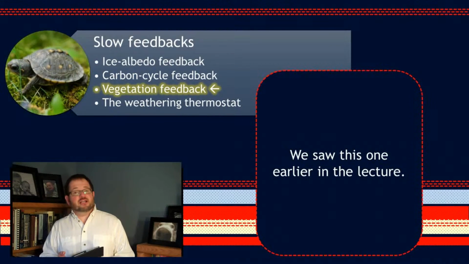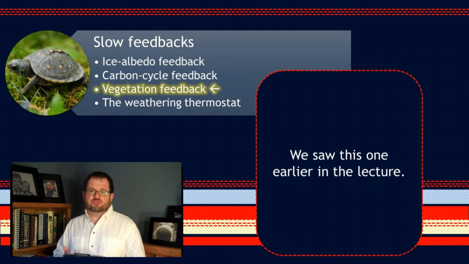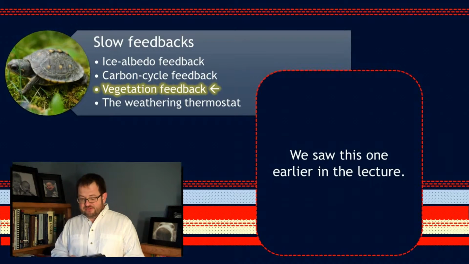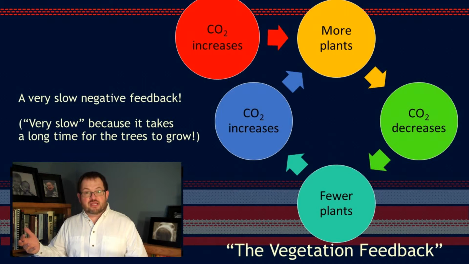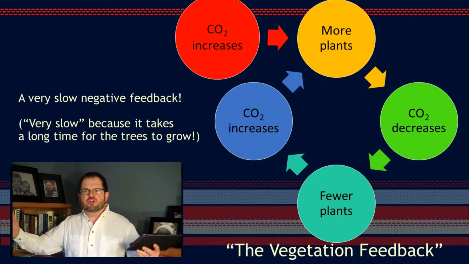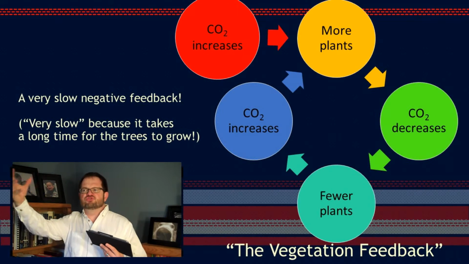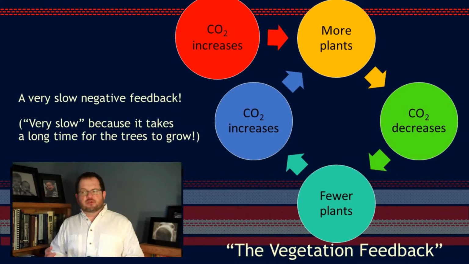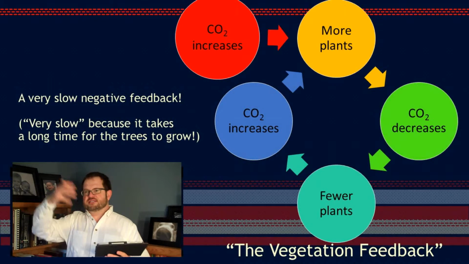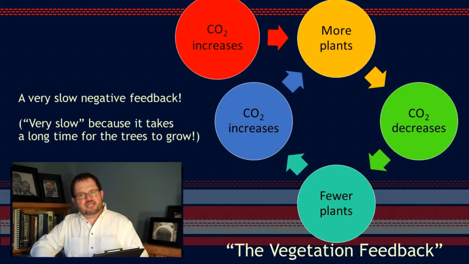Another important set of feedbacks is one that we saw earlier in the lecture, which was the vegetation feedback. That is a very slow feedback, where an increase in the amount of carbon dioxide causes your trees and so on to grow more. More carbon dioxide is drawn out of the atmosphere and stored in the trees. You lower the amount of carbon dioxide in the atmosphere, and now the plants don't thrive as much, so you get carbon dioxide increasing in the atmosphere again. It's a negative feedback.